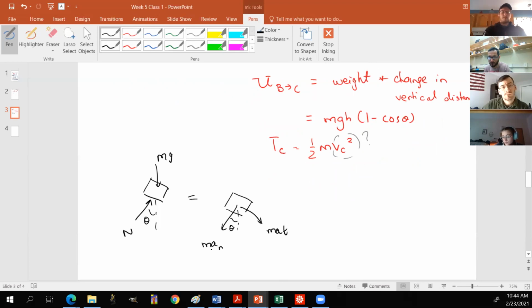What's the normal acceleration equal to when you're using normal and tangential components? Forget this part here. We're only looking at this part.